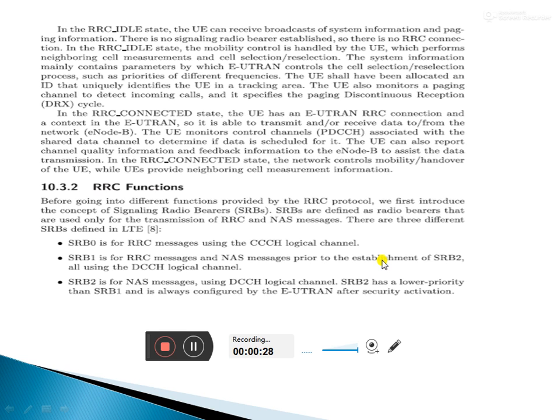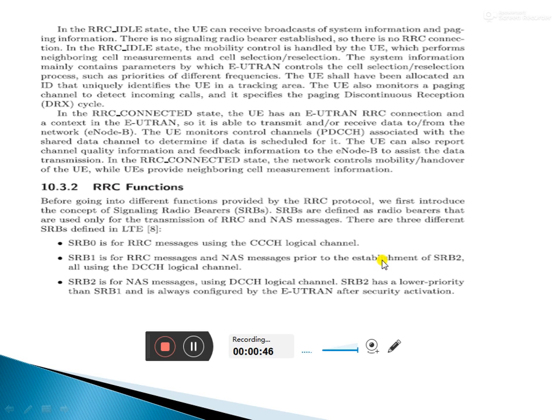The first concept is the signaling radio bearers. There are three of them: SRB 0, SRB 1 and SRB 2. SRB means signaling radio bearers.